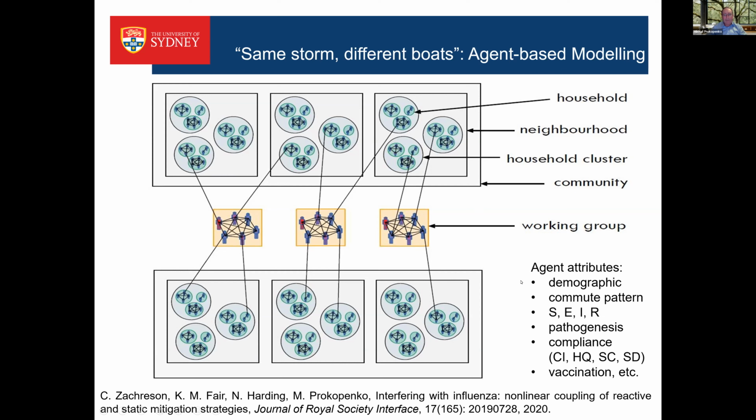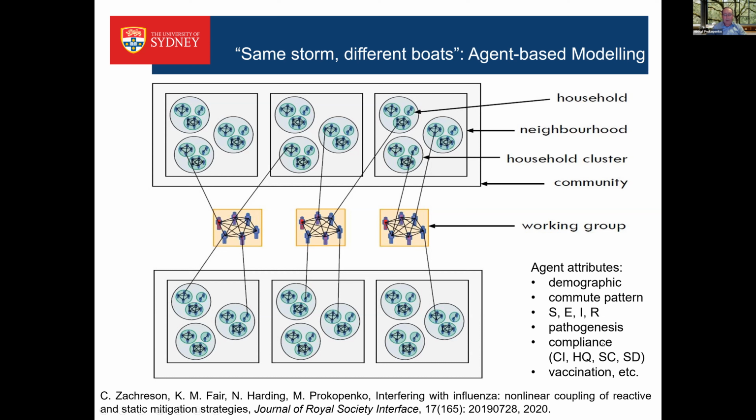Once infected, a susceptible agent becomes exposed, infectious, and then recovered. So the natural history of pathogenesis of the disease is a particular profile developing over time, and that's another important parameterization that you need to develop if you want to use agent-based models.